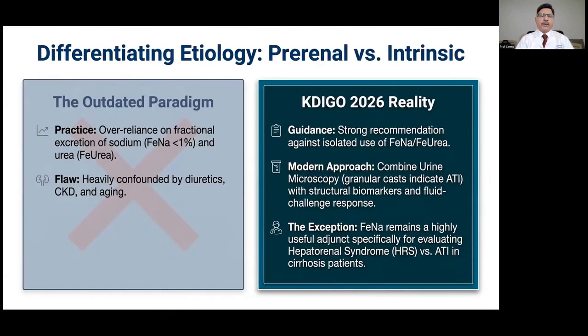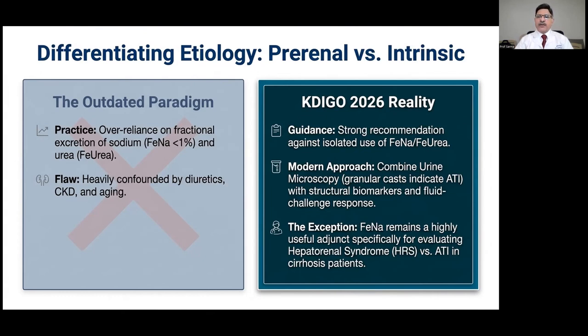Now, the outdated paradigm: over-reliance on fractional excretion of sodium, FENa, heavily confounded by diuretics, CKD, aging. KDIGO 2026 reality: a strong recommendation against isolated use of FENa, fractional excretion of sodium or urea. Modern approach: combine urine microscopy with structural biomarkers and fluid challenge.